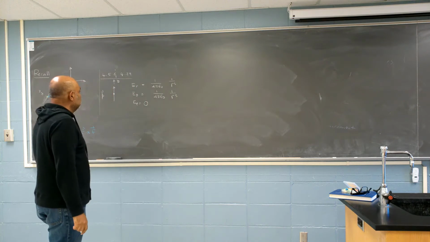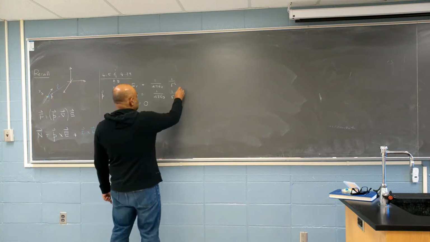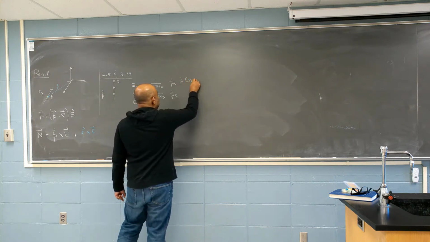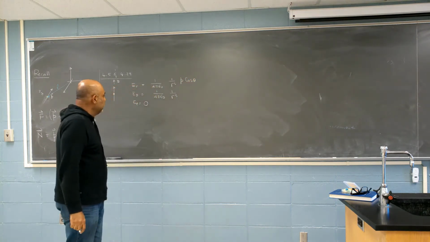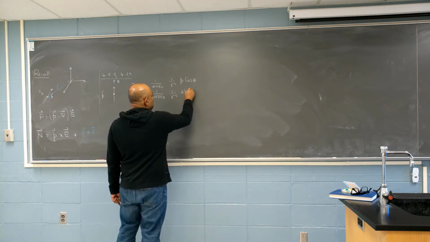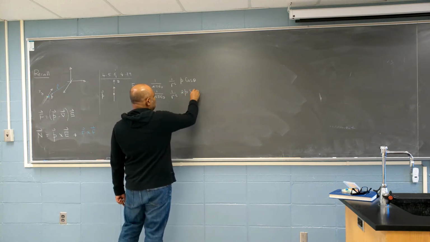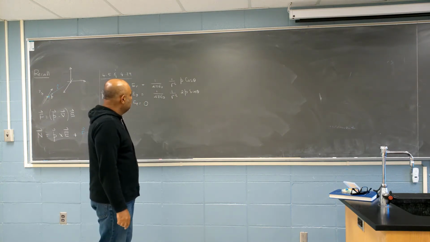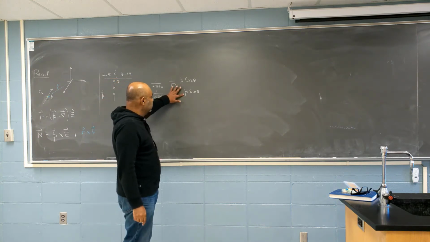And I think this was p, the magnitude, p cosine theta, and over here it was 2p sine theta. Please look. I think the cosine theta had the 2. Okay, but either way, please look.